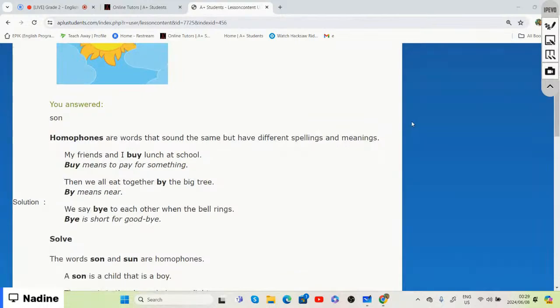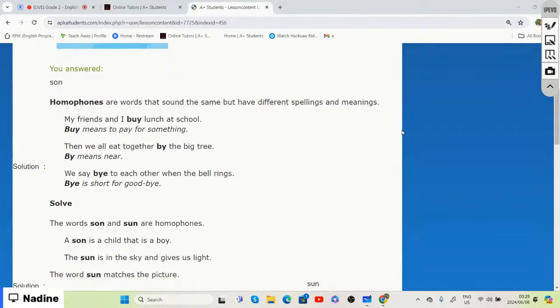And we made an example of those words, and we said homophones are words that sound the same, but they have different spellings and meanings.